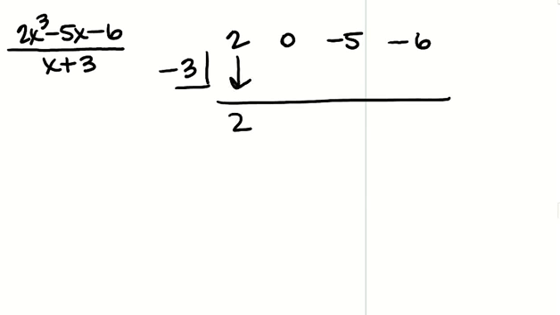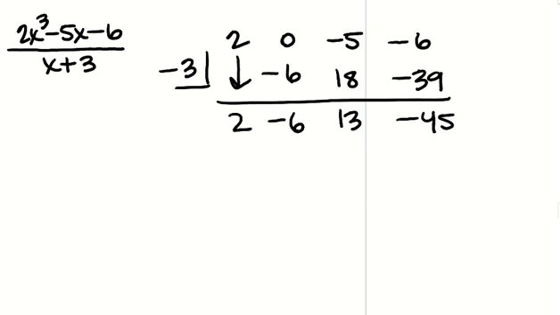Okay, you drop down the 2. Multiply 2 times negative 3. You add. You multiply. 18 minus 5 is 13. 13 times negative 3 is negative 39, and 6 is negative 45.